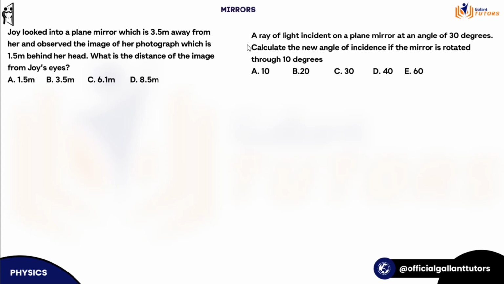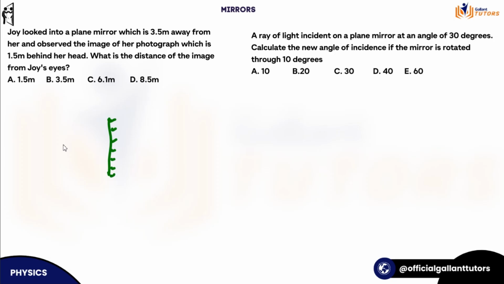Okay, so Joy looked into a mirror which is 3.5 meters away from her, and observed the image of a photograph which is 1.5 meters behind her head. What is the distance of the image? Well, let's understand the question first before we write out anything. Now let's represent the mirror.